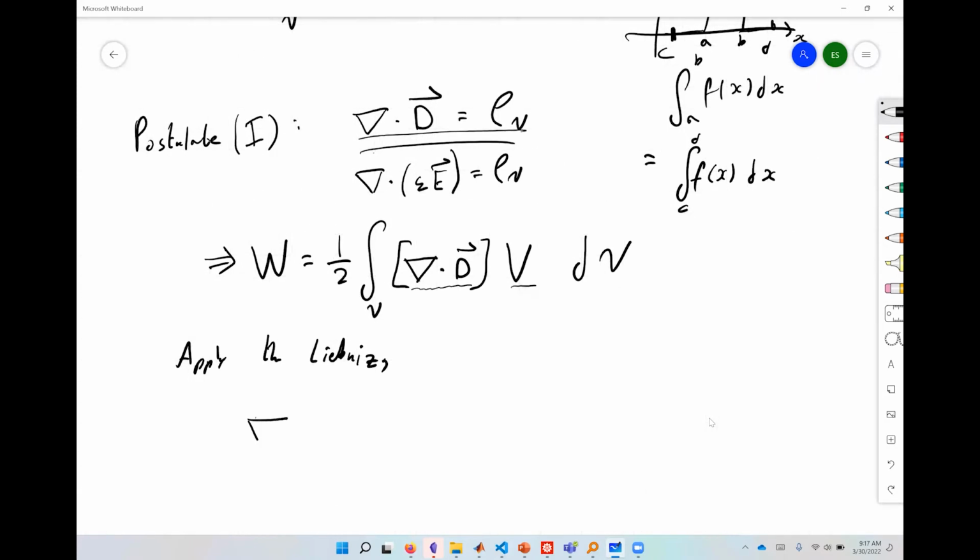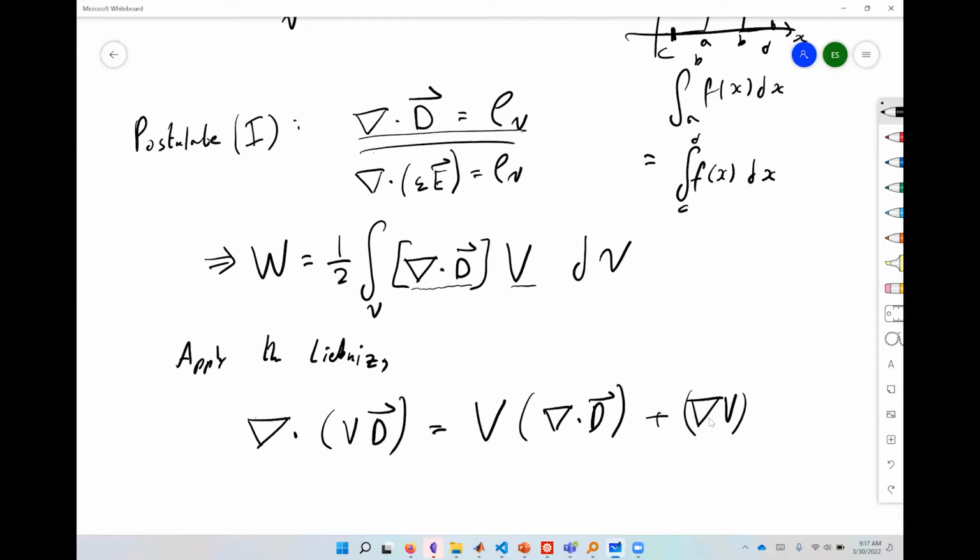The divergence of V D, if you have a scalar field times a vector field, equals V times divergence D plus the gradient of V dot D. So we're going to use this substitution.